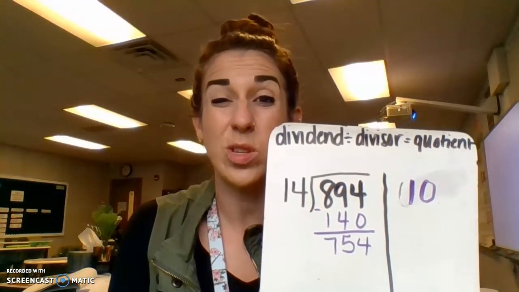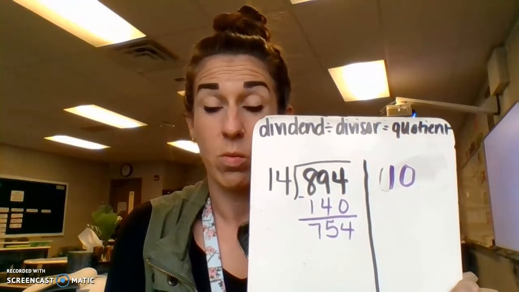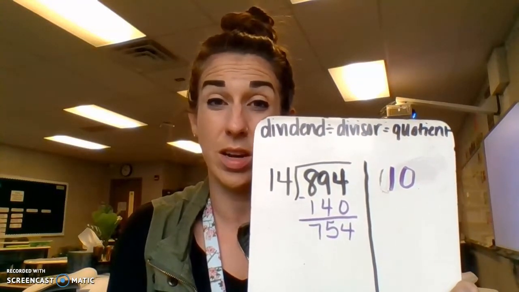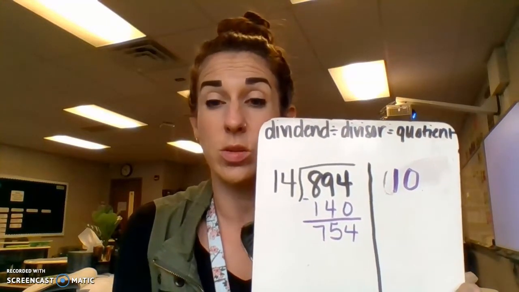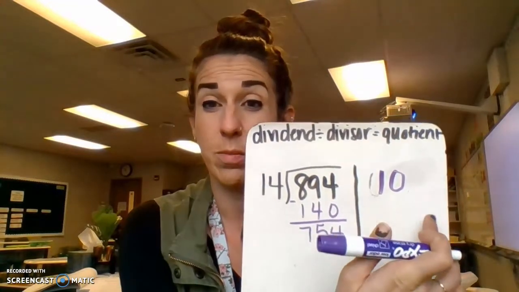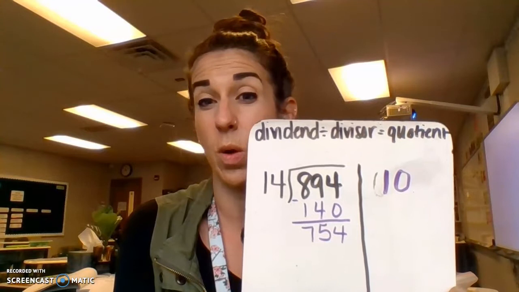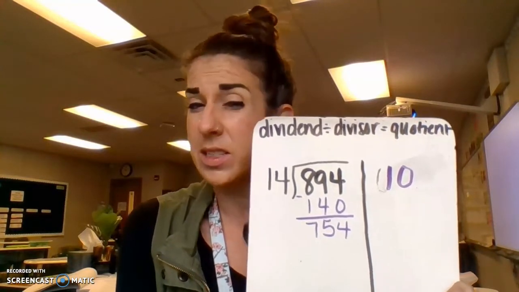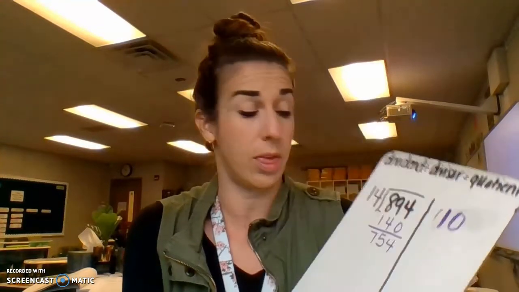Now, that was a really small number. 140 in comparison to 894 is pretty small, and it would take me a very long time to do all of that math. So I'm going to actually up this partial quotient, and I'm going to say instead of 10, this time I'm going to do 20, because 20, again, is still pretty easy for me to do the math with.